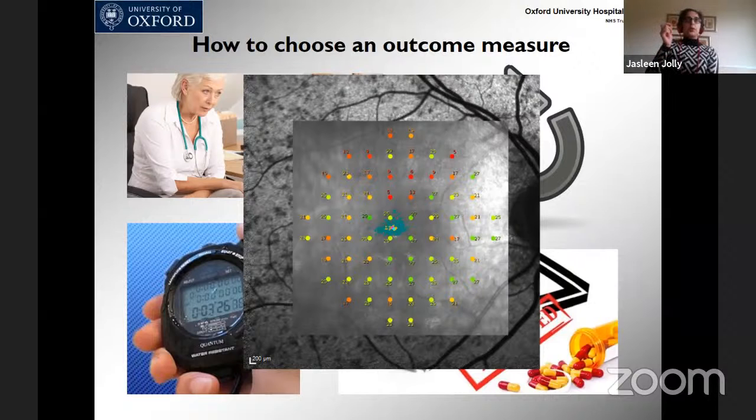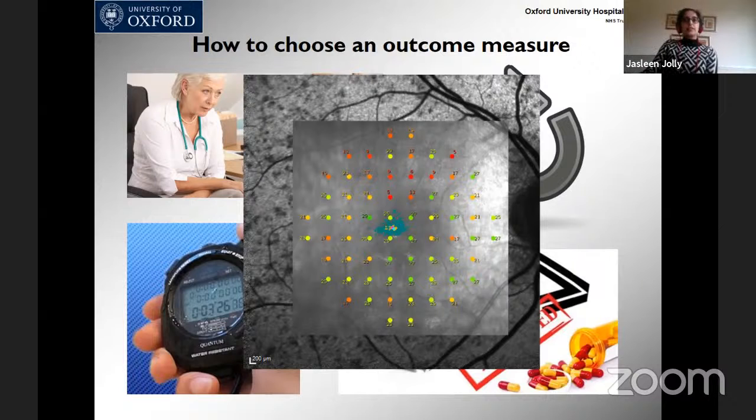And it's worth comparing your outcome measures to established tests, to structural measurements, to other tests, to really try and understand what you're learning from that. And this process not only helps with determining the outcome measure, but it helps provide information about the disease process, which then feeds back into clinical care and low vision care.